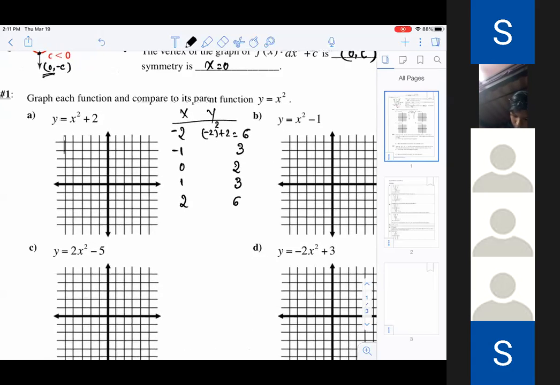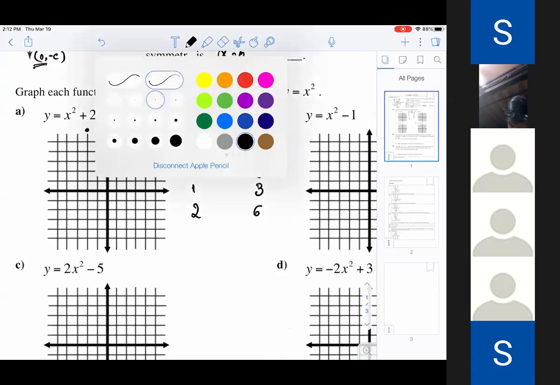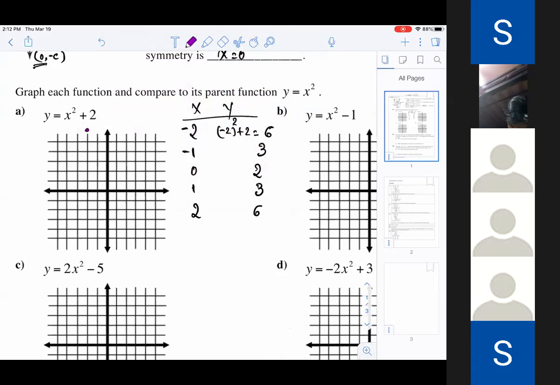-2 corresponds to 6. Okay, let me take a different color. Purple. Okay. And -1 is 3. 0 is 2.